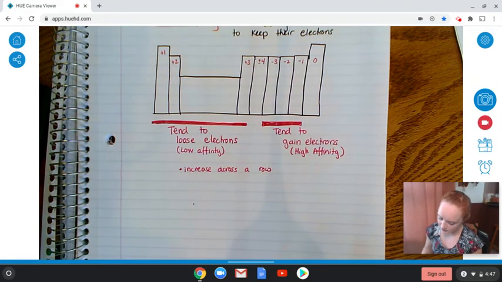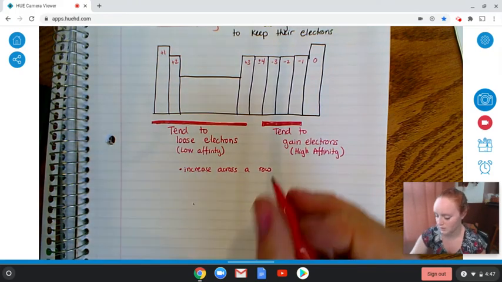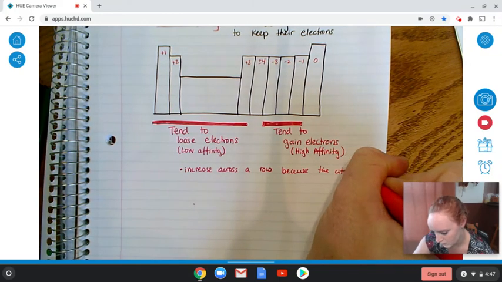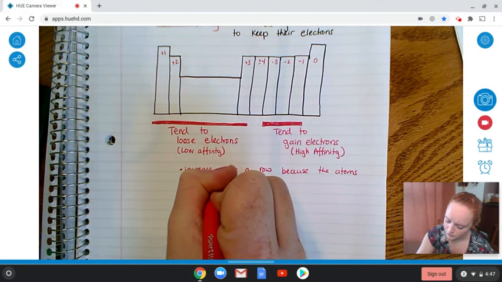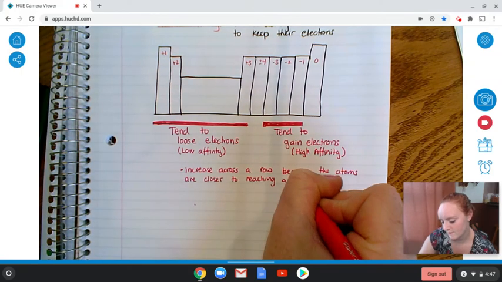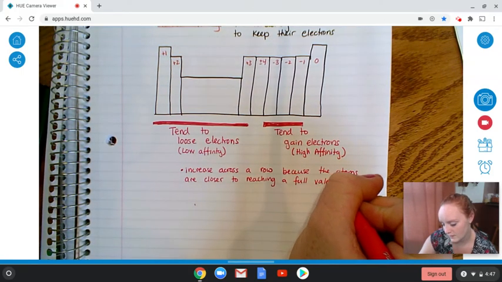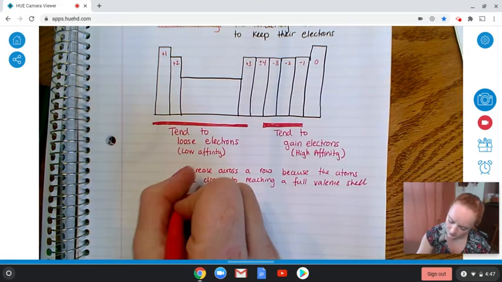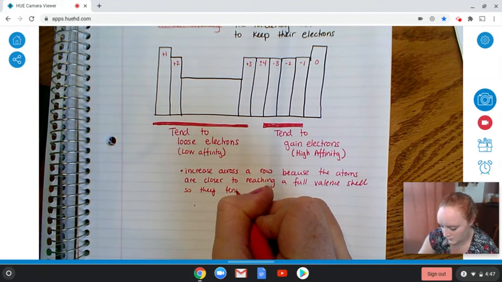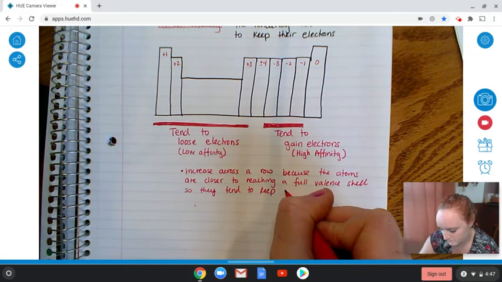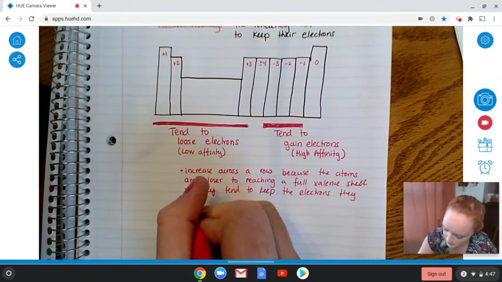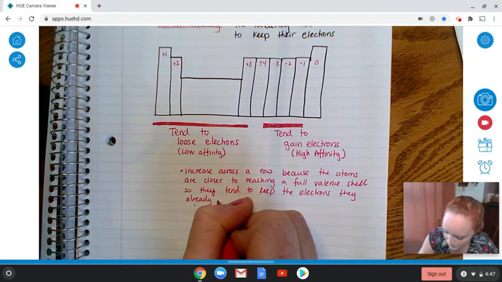So, electron affinity tends to increase across a row because the atoms are closer to reaching a full valence shell. So the atoms tend to keep the electrons they already have.